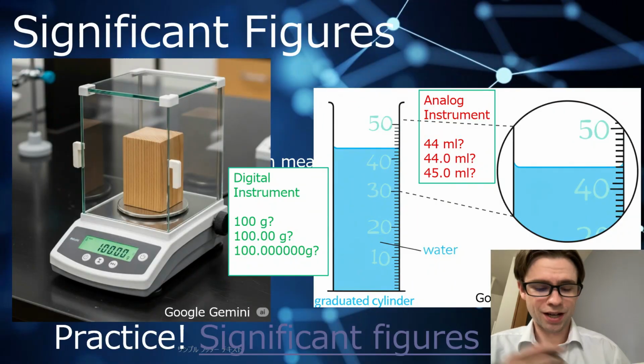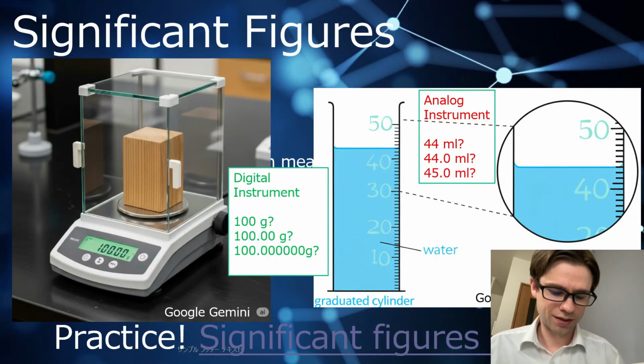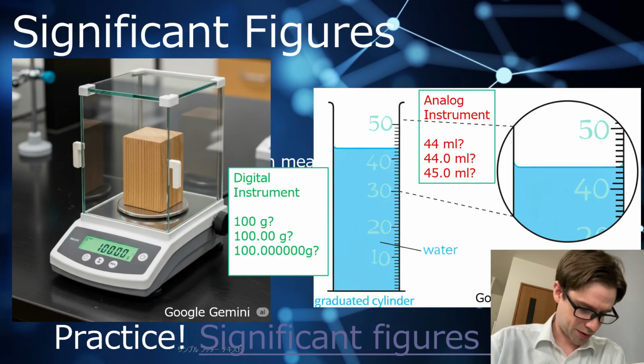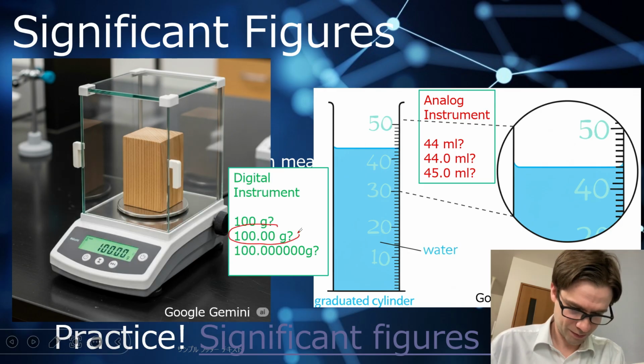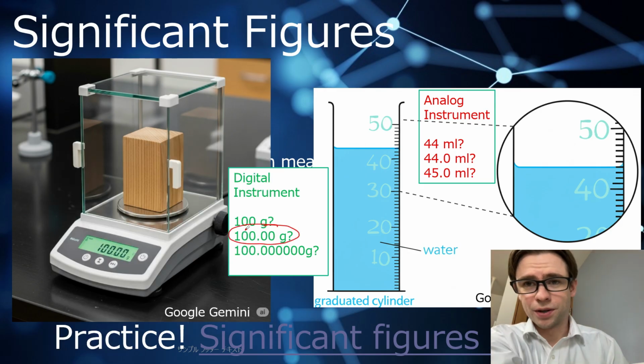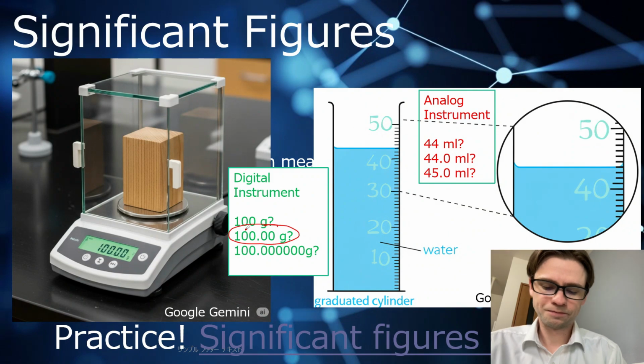And if you think about it, it kind of makes sense. This instrument's trying to tell us that it's confident about all 5 of these numbers as it displays them. Alright, so I would choose the middle here. Let's see if I can circle that. This very often appears on multiple choice type questions in paper 1 as well.